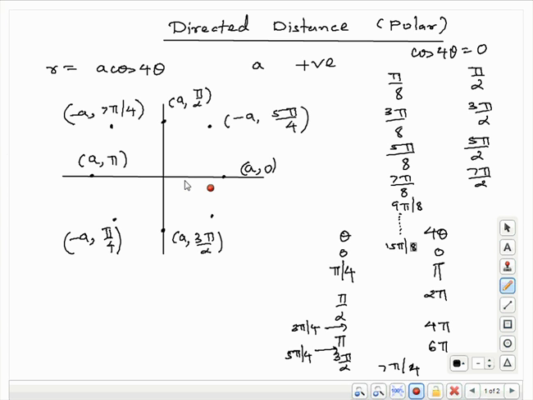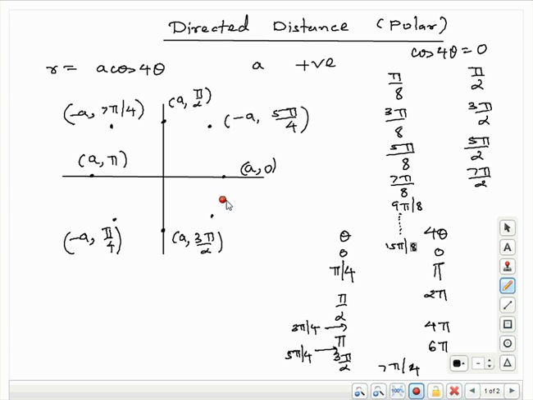So, you can clearly see that between these two lines, there is a point where r is 0. And you will also see between this line and this line, there is a point 15 pi by 8 where cos 4 theta is 0.